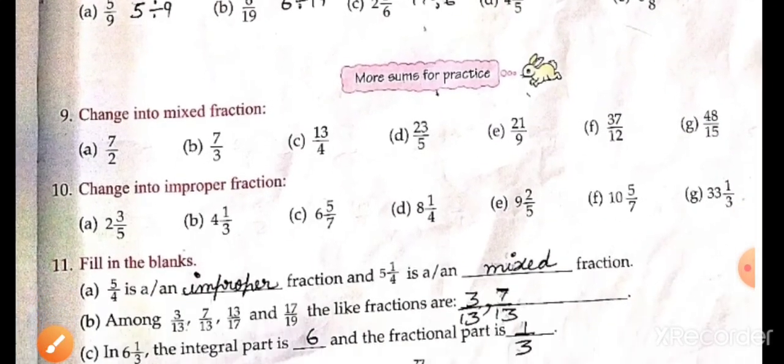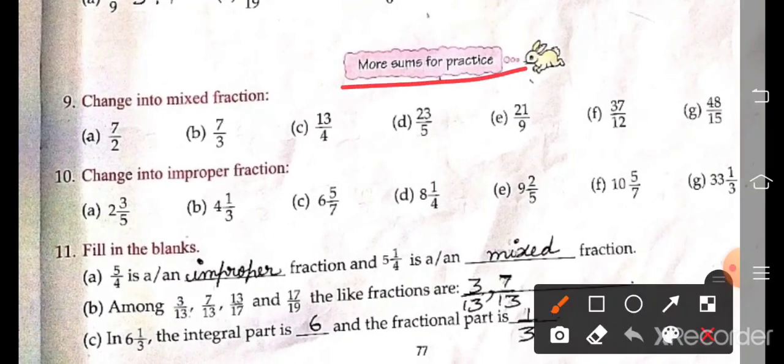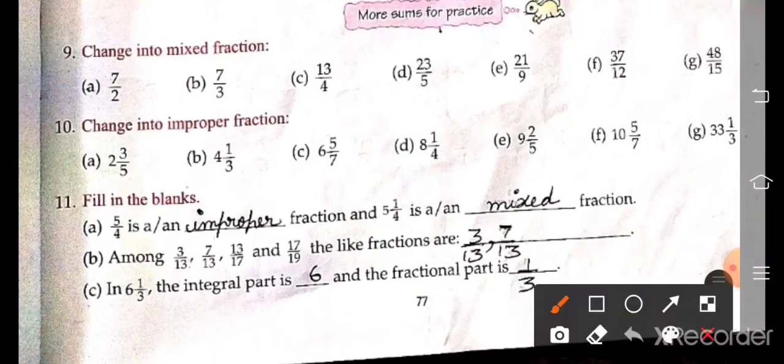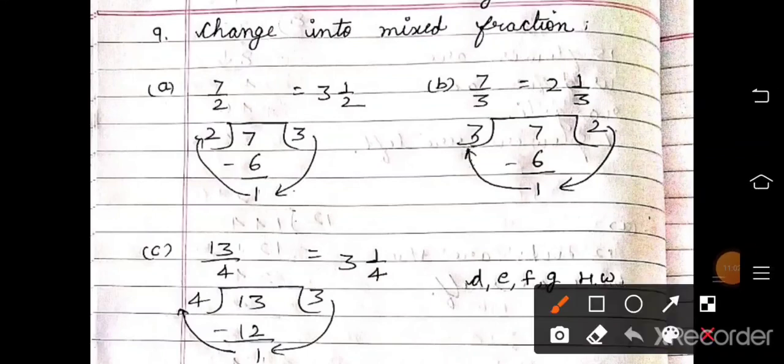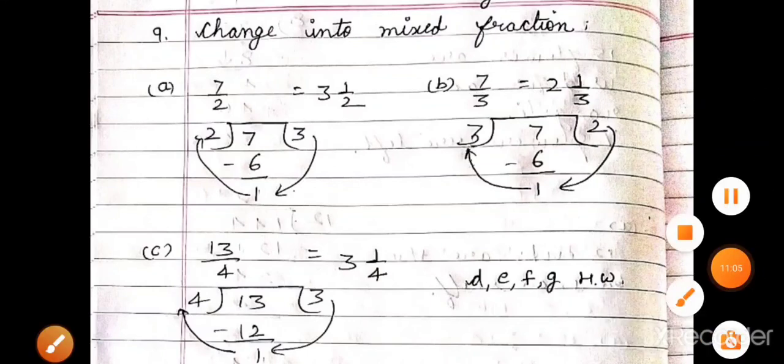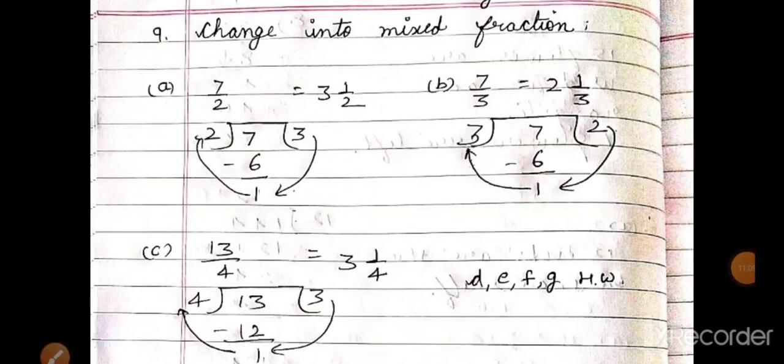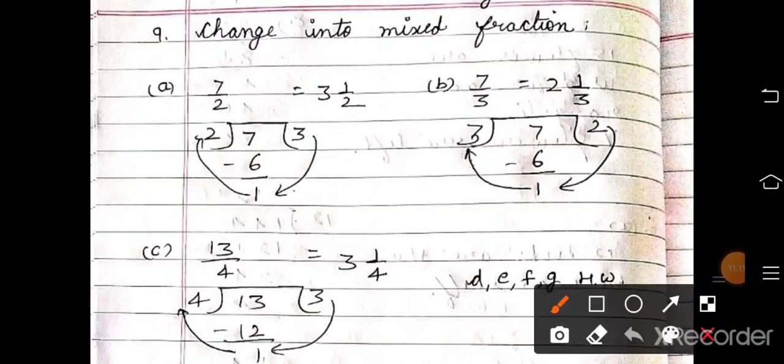Now more sums for practice. So change into mixed fraction. For it, take out your notebook. So here A part, 7 upon 2. Here we have to change it into a mixed fraction.